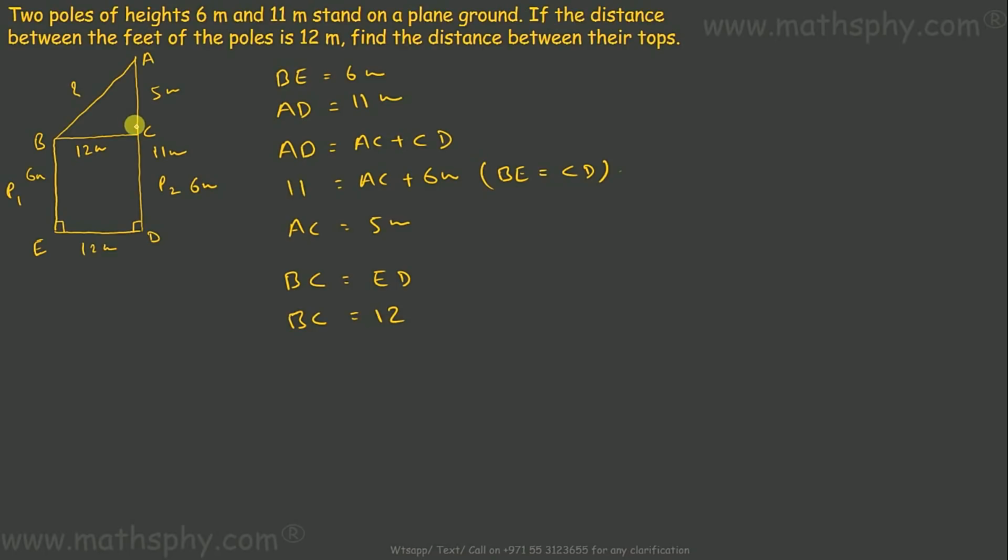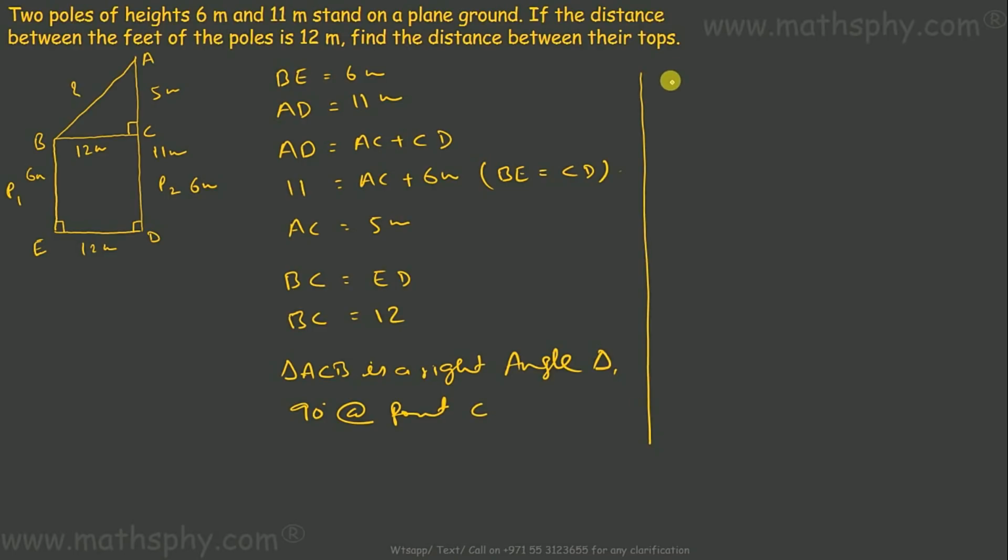I'll write triangle ACB is a right angle triangle, 90 degree at point C. In that case, AB square will be equal to AC square plus BC square.